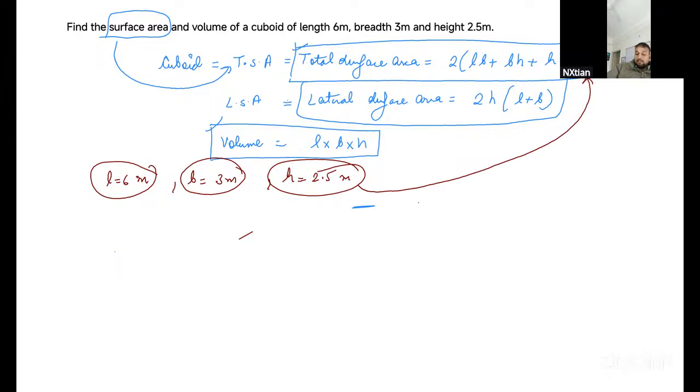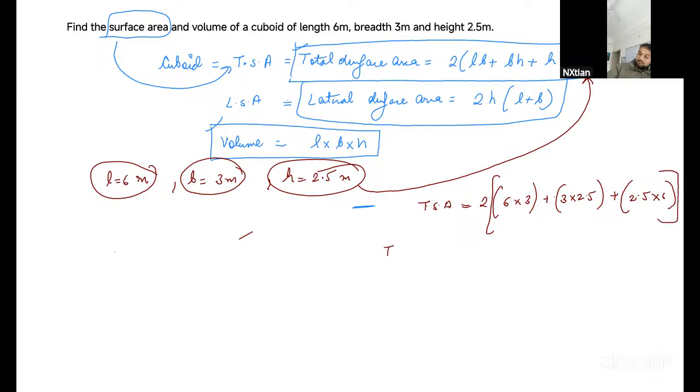So I will do 2 into L, which is 6, so I will not write meter, 6 into 3 plus B, which is 3 into H, H is equal to 2.5, plus 2.5 into 6.